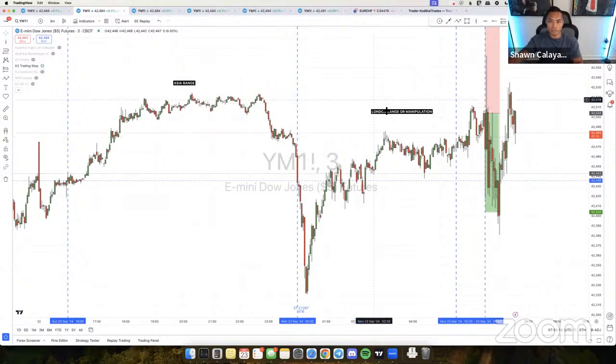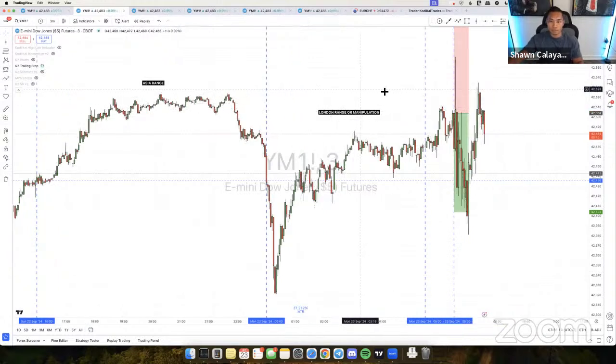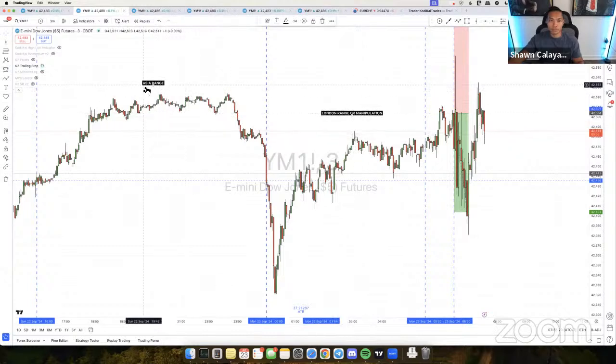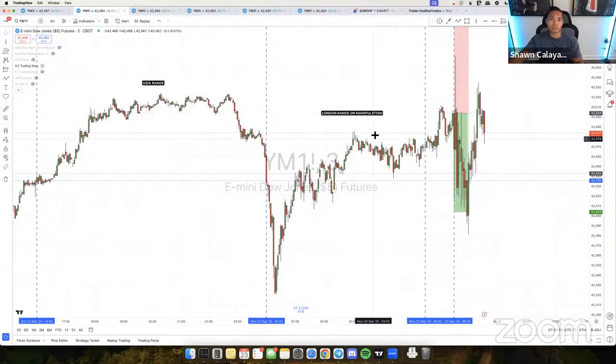So there's two different things that could have played out, Jason. This is why I don't like the strategy as much. It's so subjective, right? This could be considered either London range or manipulation. There's two different ways to look at it.